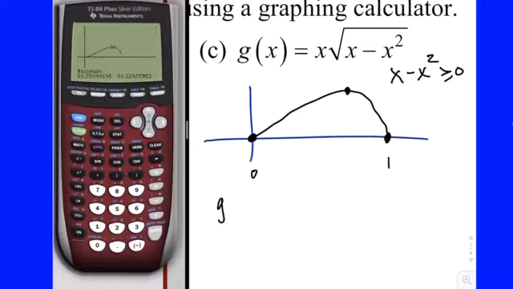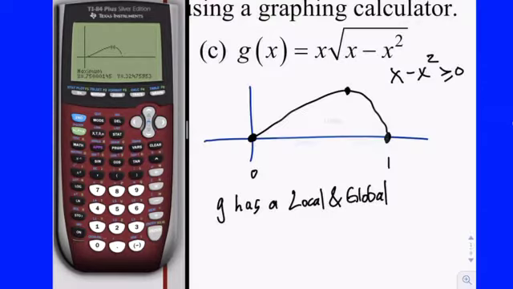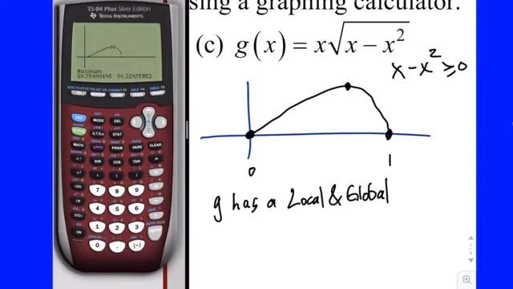So I'll say that G has a local and absolute or global. I'm not going to count off if you use local and absolute. It's not a big deal. Local and global, though. Well, it's also a local. So you want to say that it's a local for sure. It's a local maximum, and it's also a maximum.